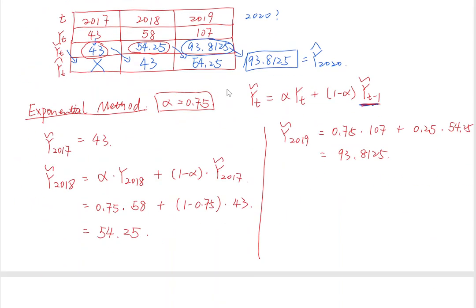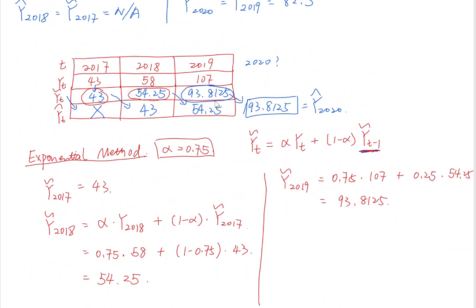But for the exponential method, how do you get this? If you want to get this, you need this value. If you want to get this, you need this value. So if you want to get the prediction for 2020, you need to calculate one by one for the exponential method.